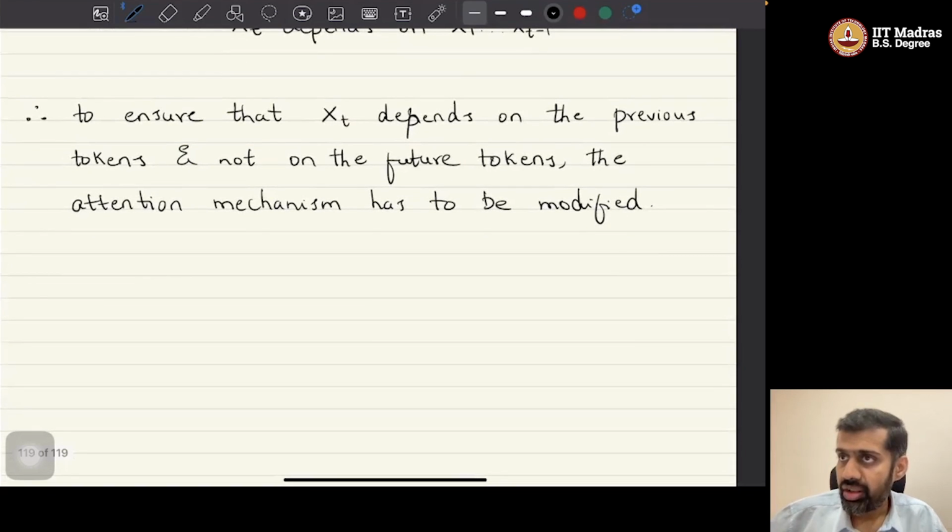How is it done? This is done by using what is called a masking mechanism.